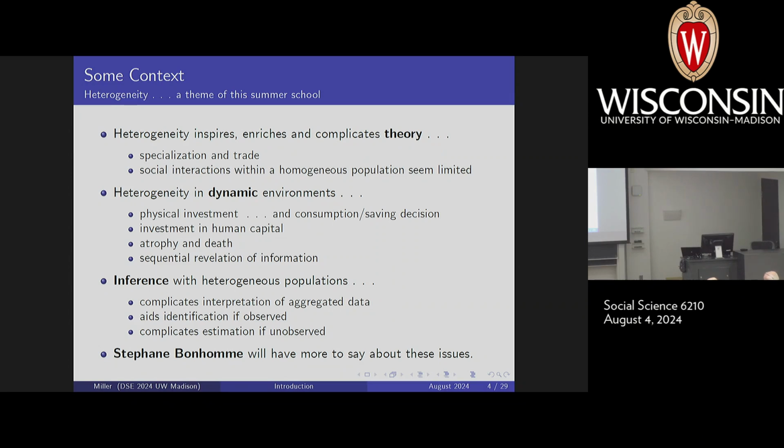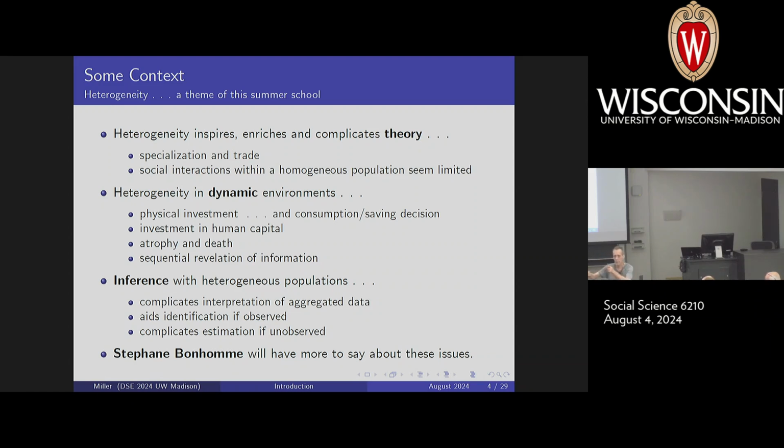This conference has a theme of heterogeneity. It's one of the themes. Why? You know, we put together a theme and someone or some group said heterogeneity and policy evaluation, and everyone said, oh, that's good. It's like, okay. Heterogeneity, firstly, inspires, enriches, and actually complicates theory.